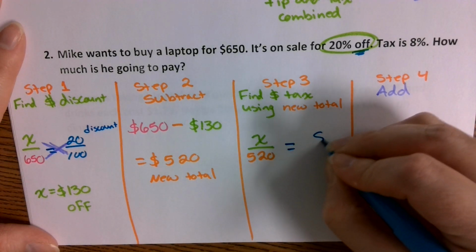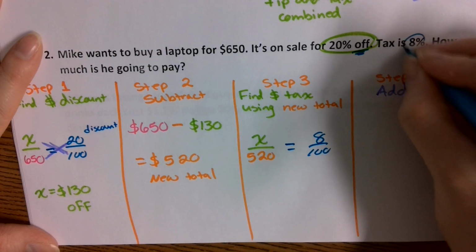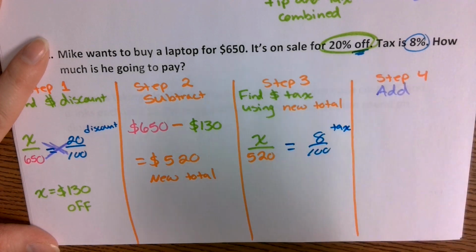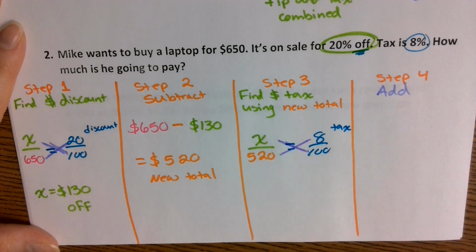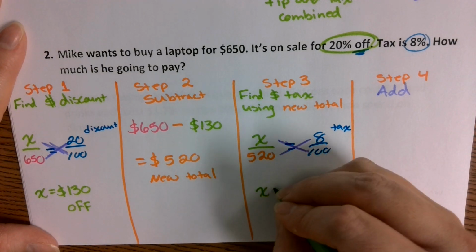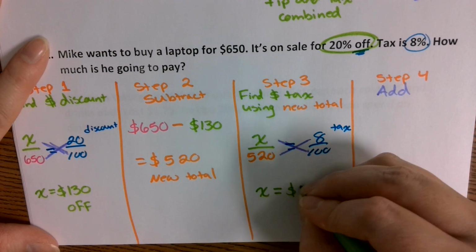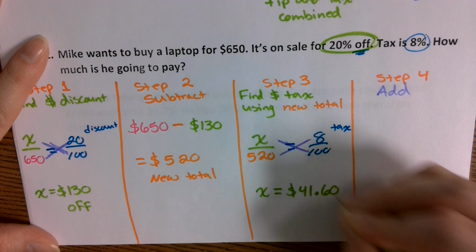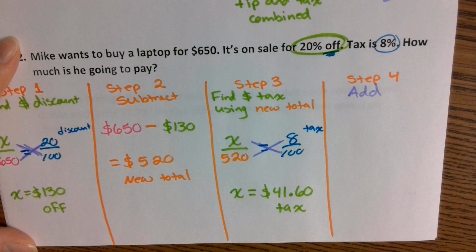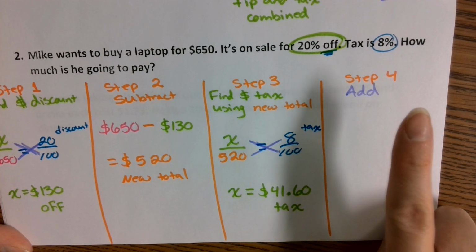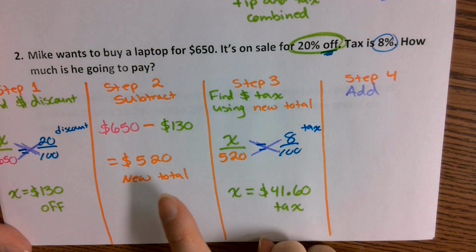And it's going to represent 8% out of 100, because that 8% represents our tax. You then do your cross product, and you're going to find out that X is going to represent $41.60. That's your tax. From there, you just add your tax and your new total.